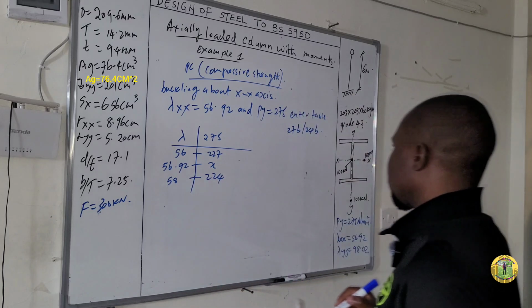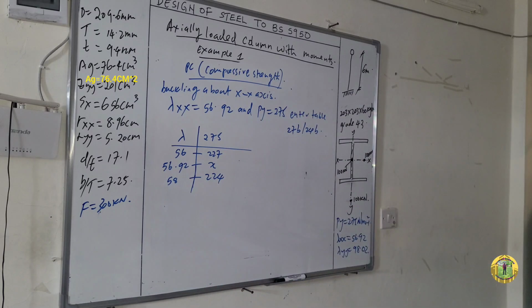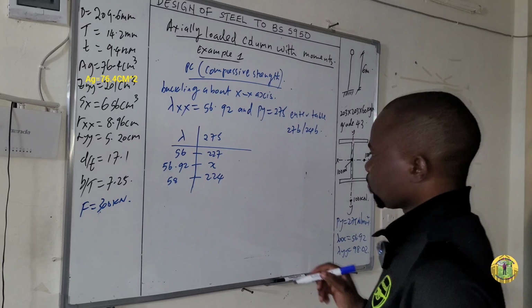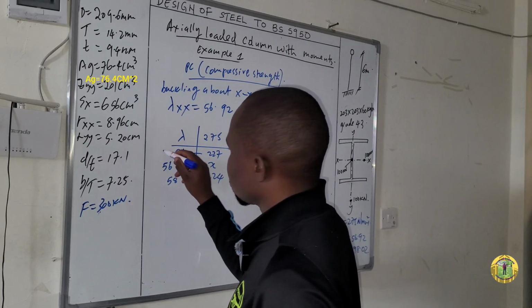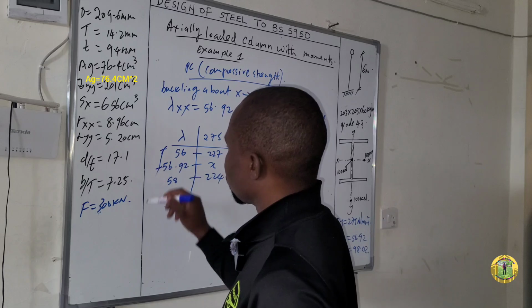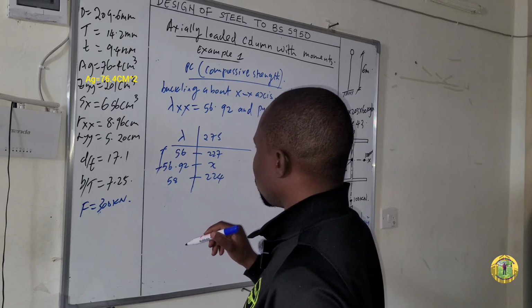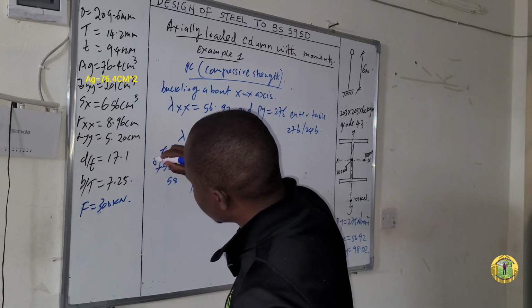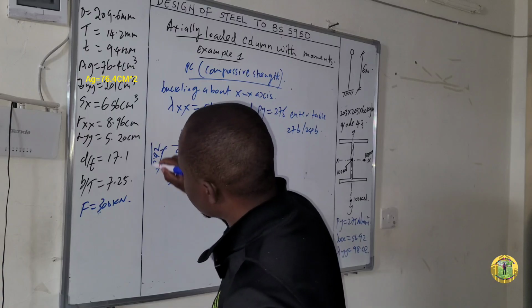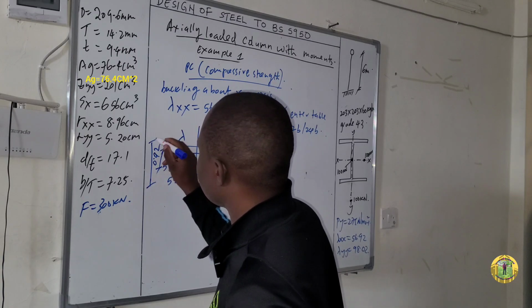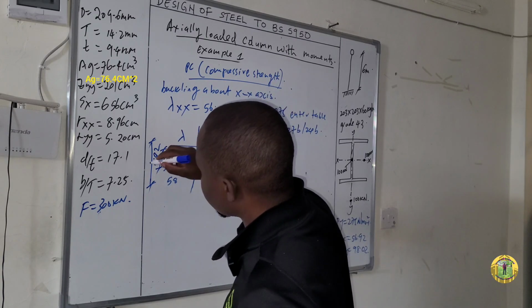At this juncture, I know you know how to do the interpolation. So just get the difference between these two. This is 0.92, and between 58 and 56 is 2.